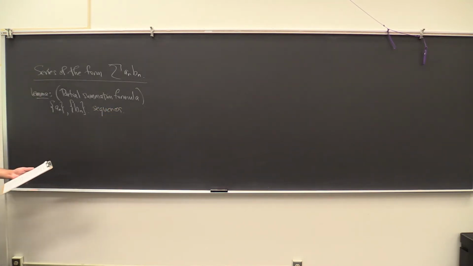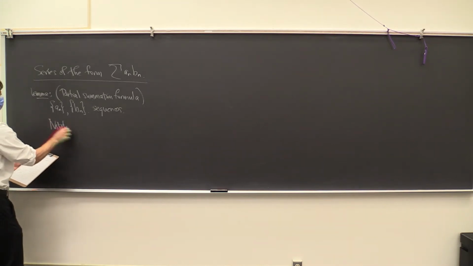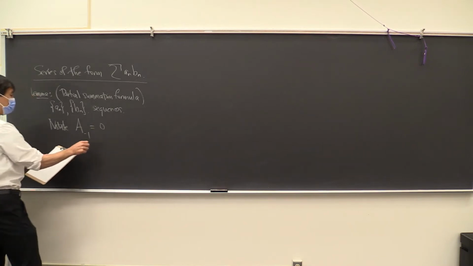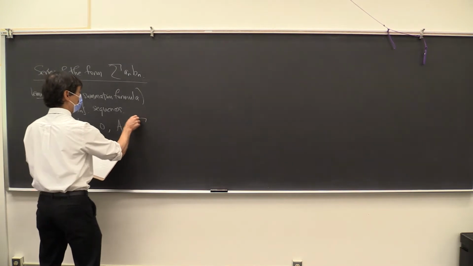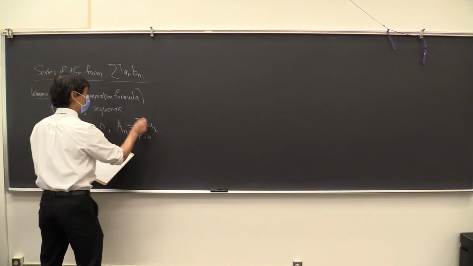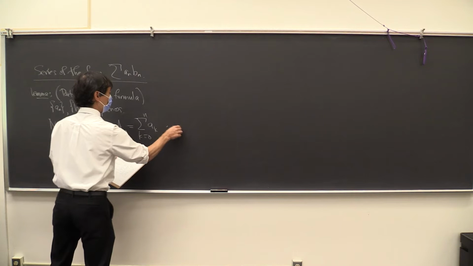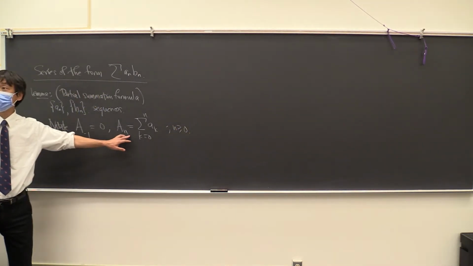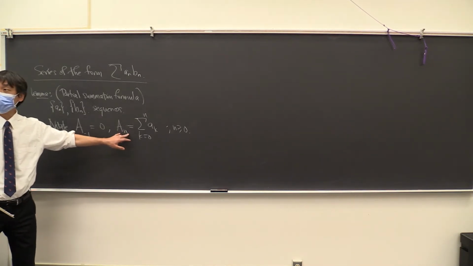We're going to notate capital A sub -1 as 0, and capital A sub n for n bigger than 0 as the partial sum from a0 to an. So this is just the partial sum, and this notation we'll use for a short while.